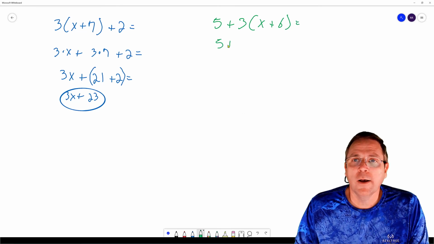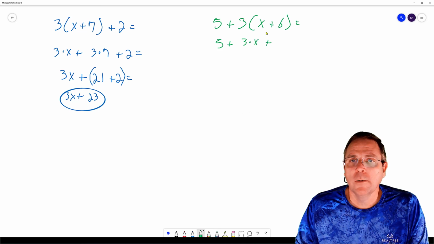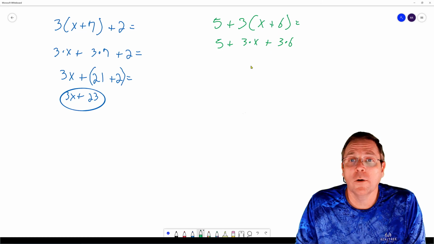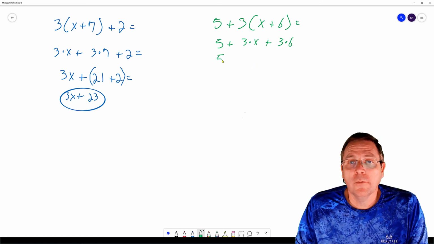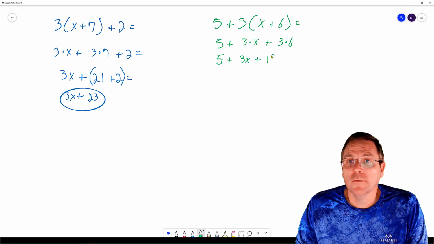That means I have 5 plus 3 times x using my distributive property plus 3 times 6 using my distributive property as well. Simplify that down. 5 plus 3 times x is 3x plus 3 times 6. That's going to equal 18.